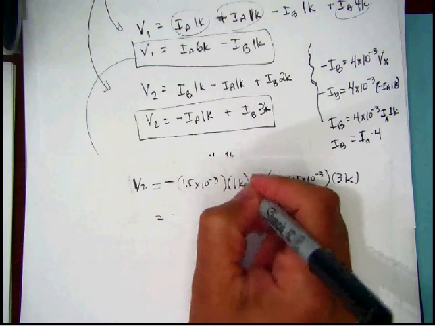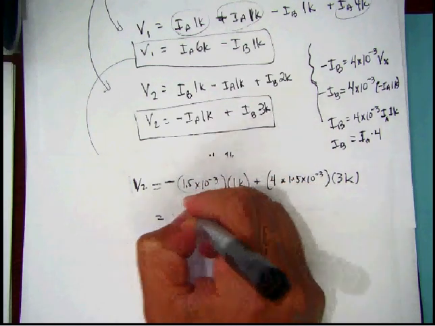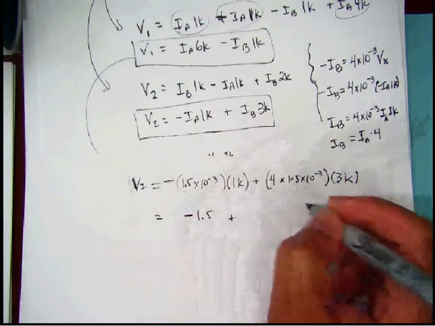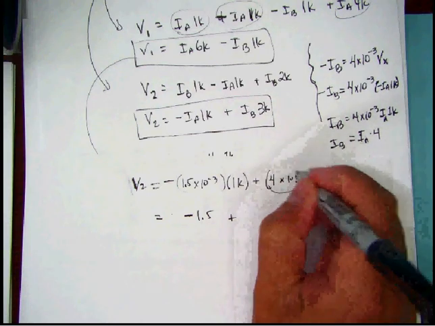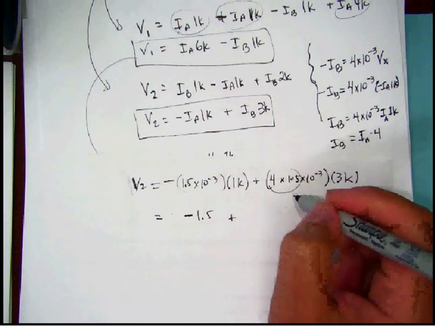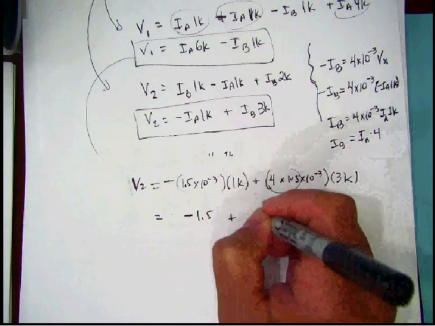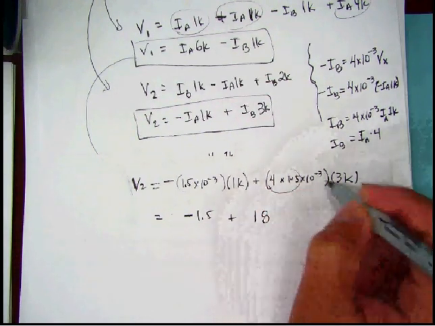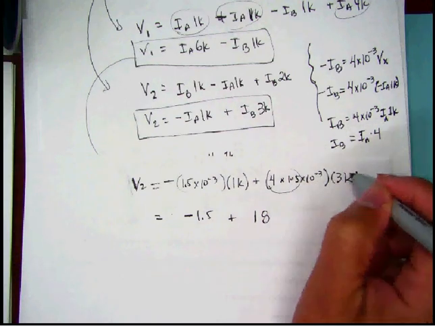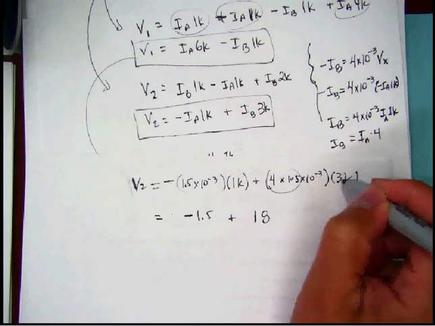The 10 to the minus 3 and the K cancel, so we've got negative 1.5 plus 4 times 1.5 is 6 times 3 is 18. The 10 to the minus 3 and the 10 to the third with a K cancel.